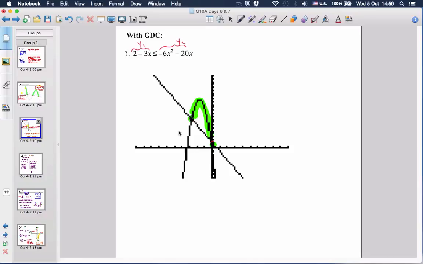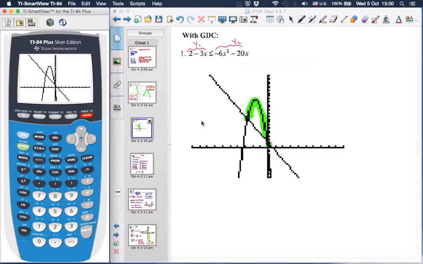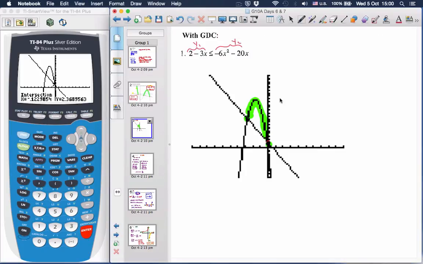So let's go. Here, so I'm going to find the intersection. Yeah, that's why I couldn't remember what these were. It's negative 0.123 and 2.369.